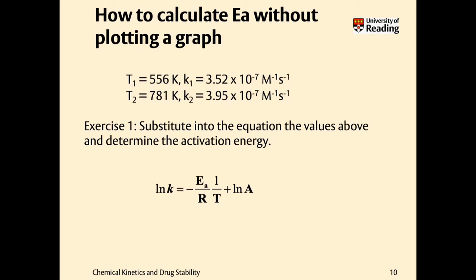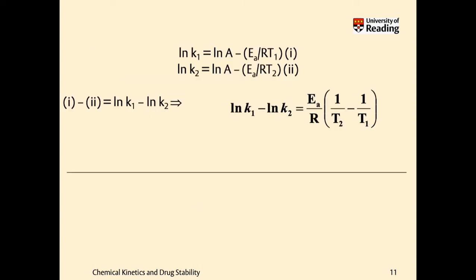Okay, so in this exercise, substitute into the equation the values of temperature 1 and K1 into 2 equations. And then using a concept that I'm just going to show you how this is done here, where you then have K1, which is our rate constant 1, and temperature 1, and K2 for the second experiment, and temperature 2.